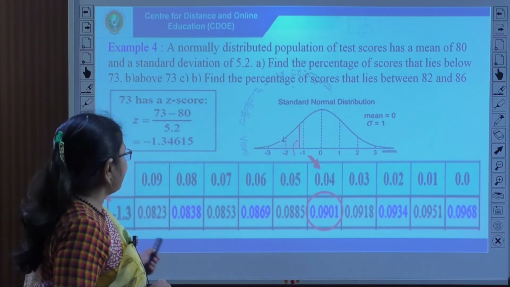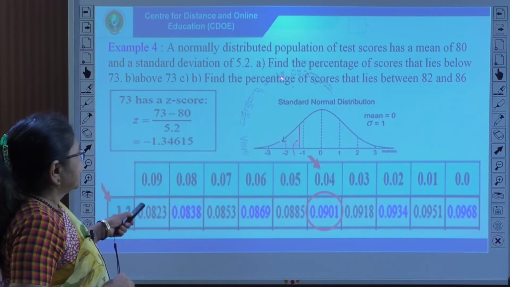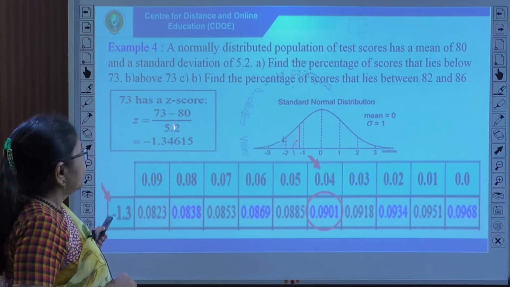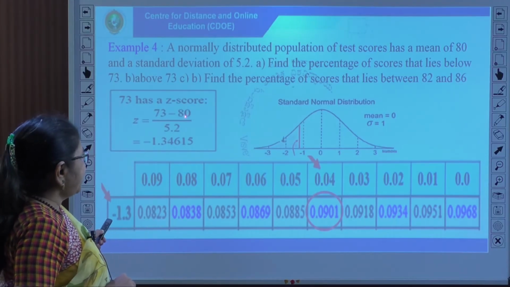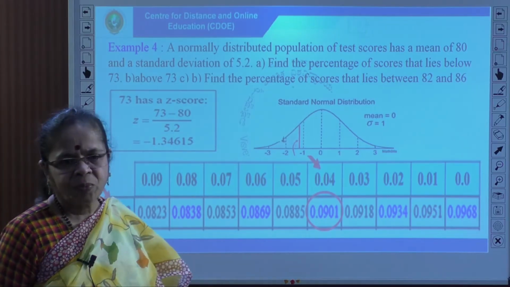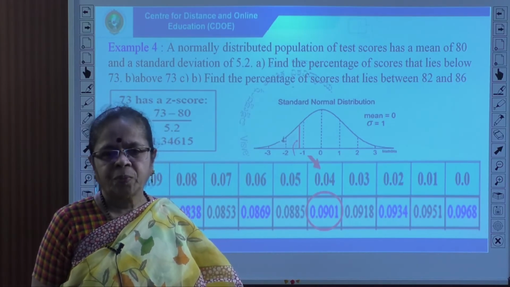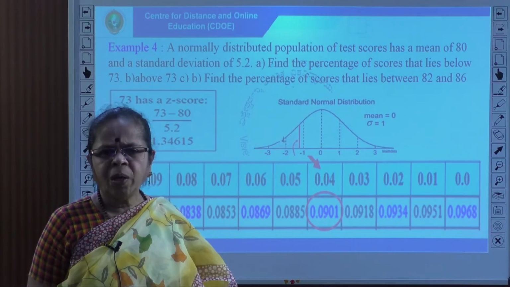Now, first 73, the Z score of 73 is: sample mean is 73, population mean is 80, divided by 5.2. Only one sample I have.